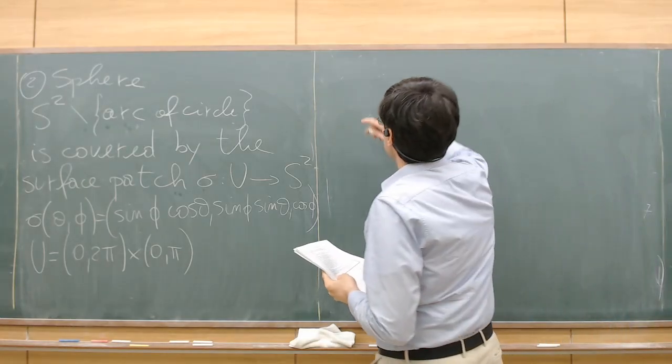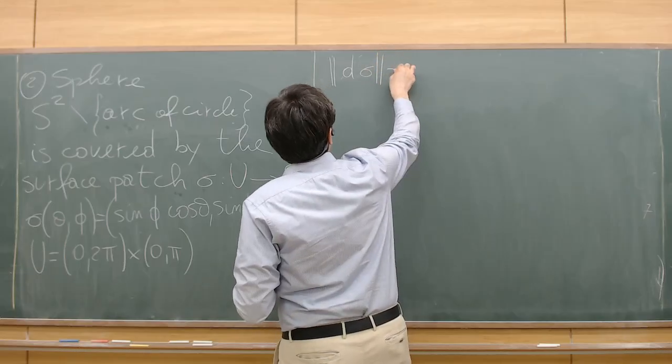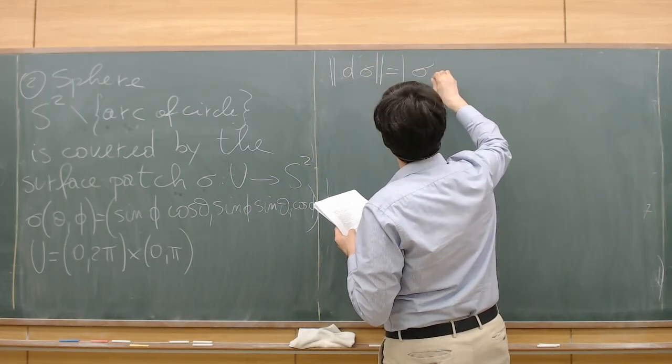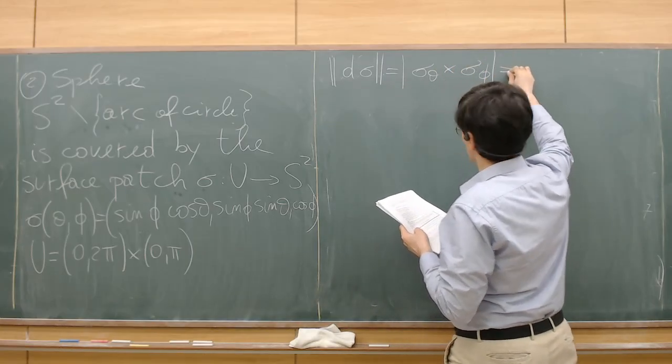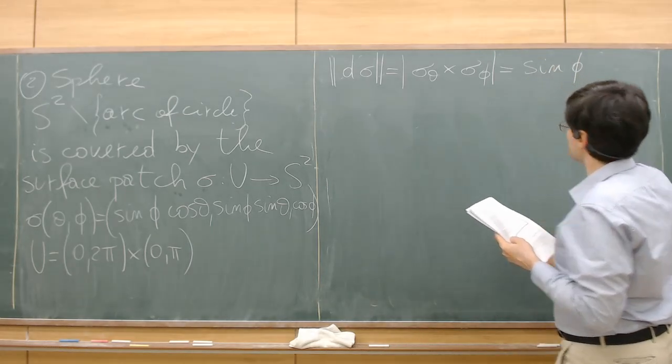Okay, we observe that the area distortion of this sigma is given by the length of sigma theta cross product sigma phi, and some computation shows that this is sine of phi.